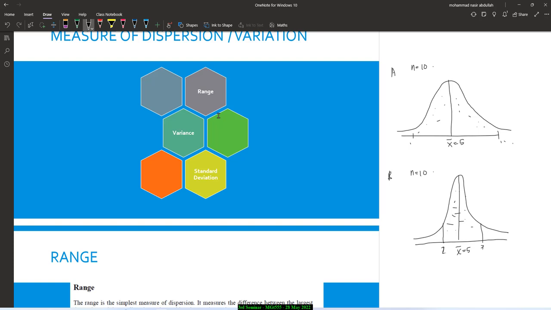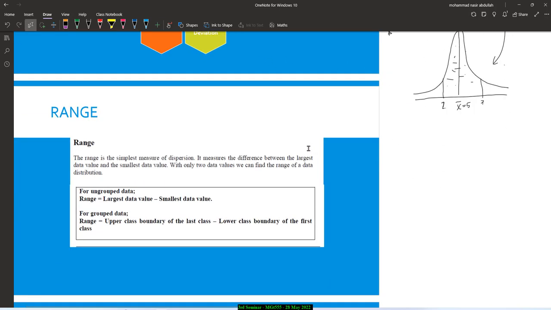So that's why, to know the difference, or the dispersion or spread of the data, we need to accompany the data. Instead of having a single mean, we need to accompany it with the standard deviation or variance, S squared or S. Range means the maximum value minus the smallest value.